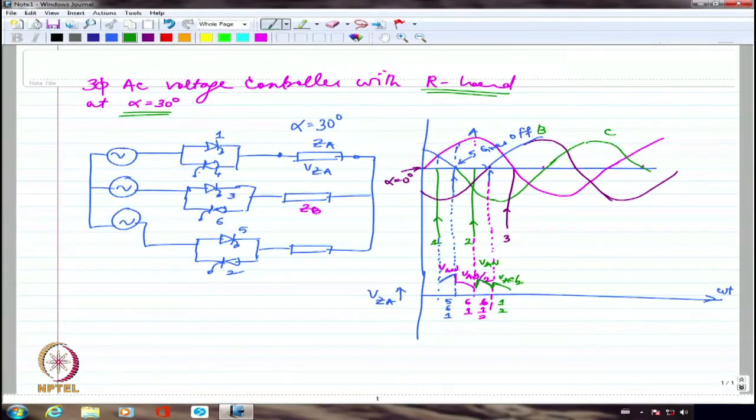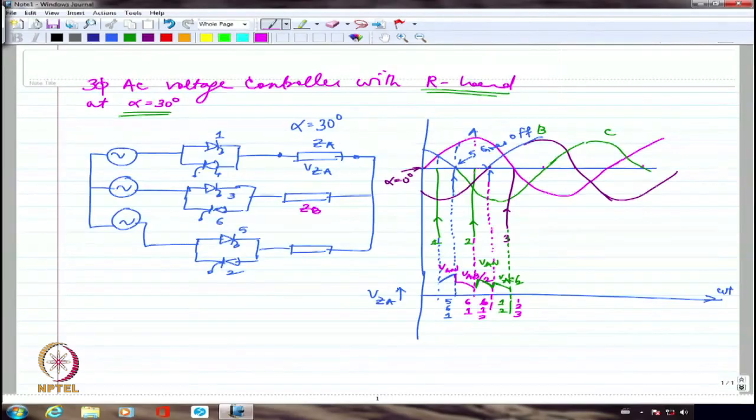So 3 is fired here. 3 is fired at this point. So I am going to have, in all probability, 1, 2, 3 conducting. Right? Is 3 fired there? Have I made a mistake in writing the firing angles? This is 1, this is 2, this is 3.